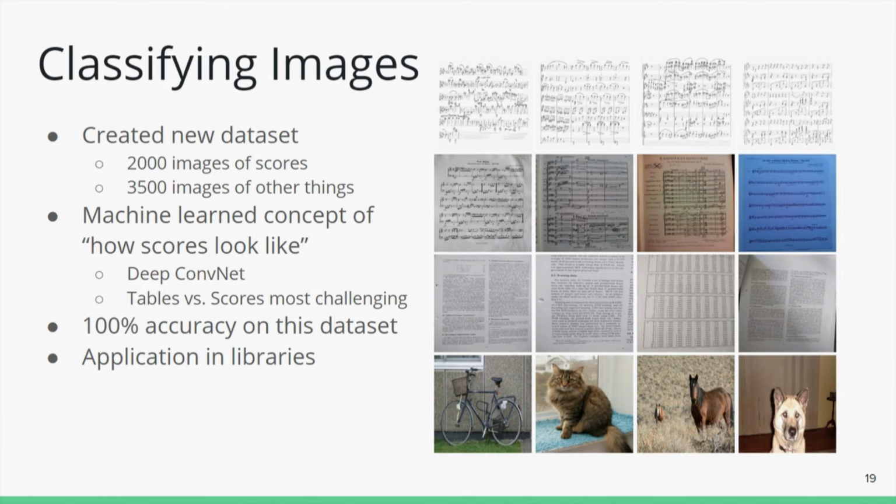But I was very happy when a librarian approached me and said they've got a real world use case for this, because in their library, they're processing a lot of documents that come in every day, and they would like to know whether the images and the documents they get in their inbox contain music or not. So there is already some real life use case for this, which made me really happy.